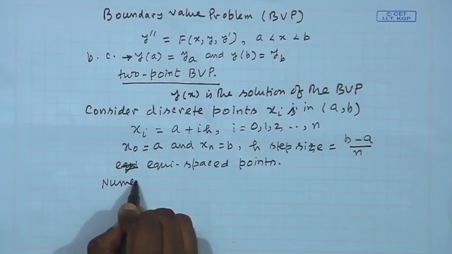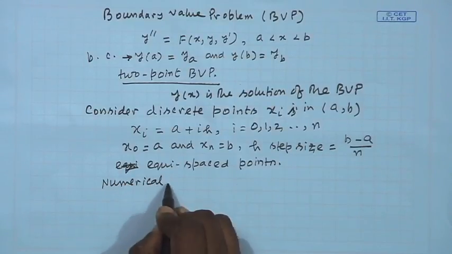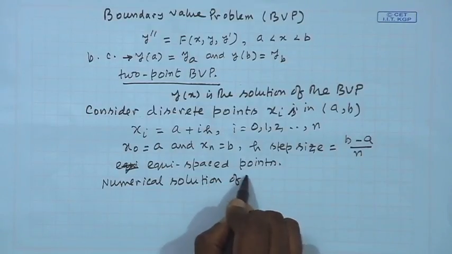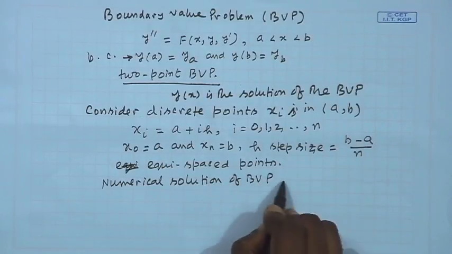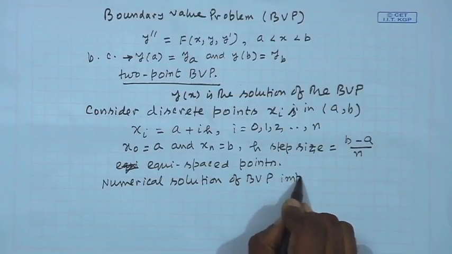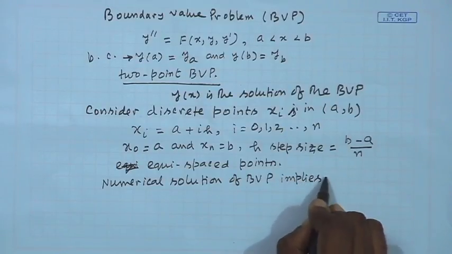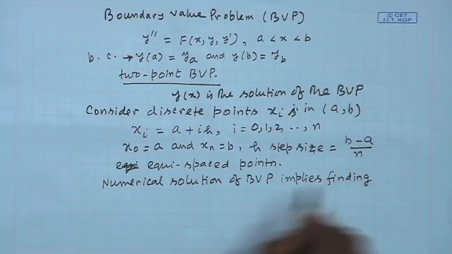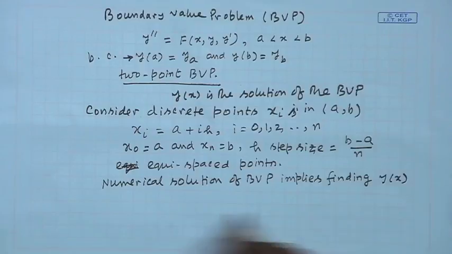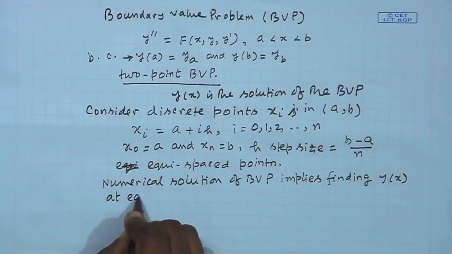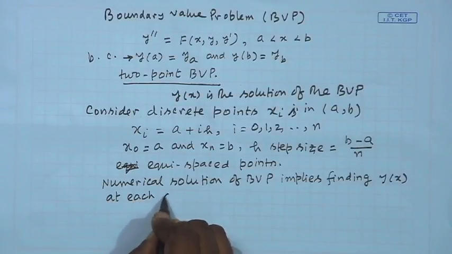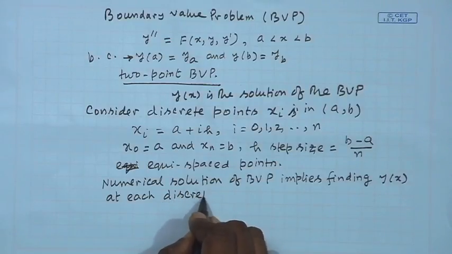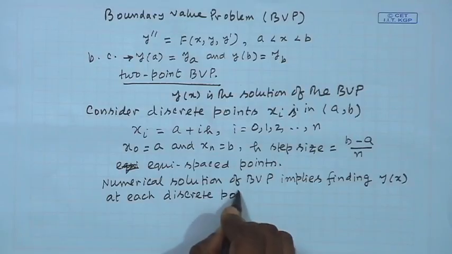So, our intention is that the numerical solution of the BVP implies finding y(x) at each of these discrete points x_i.